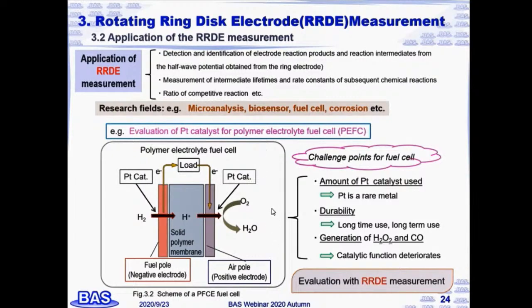The influence of the electrolyte membrane contained in the battery, the gas diffusion layer of the fuel cell, and the activity of various electrode catalysts can be evaluated by using RD measurement.